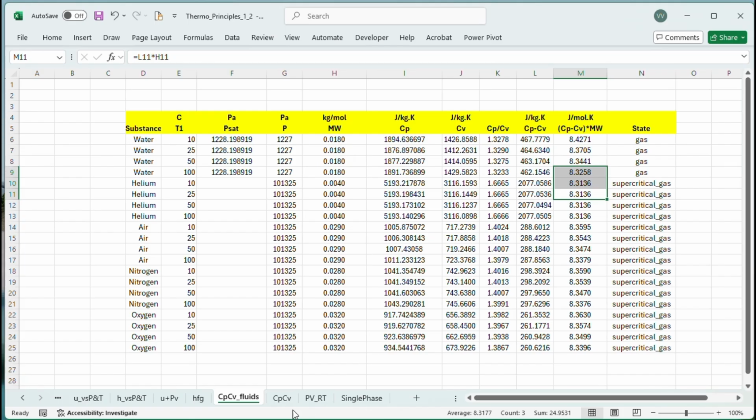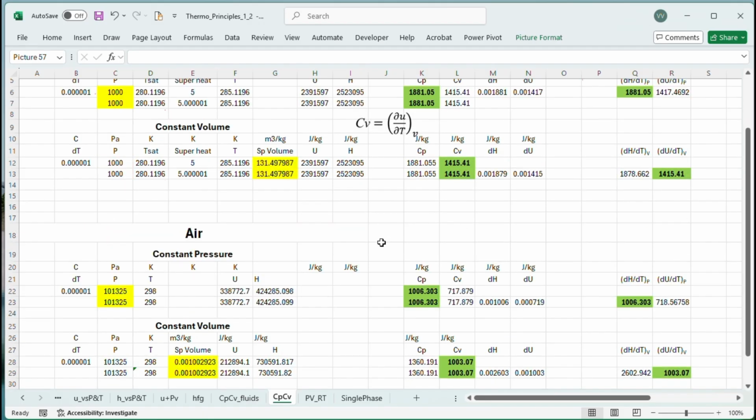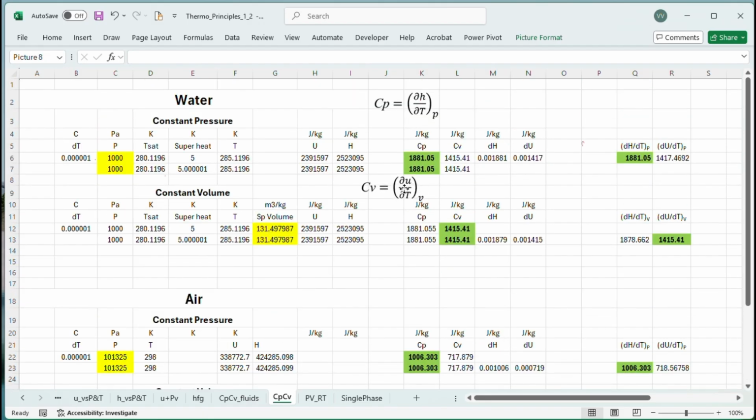Okay. All right. Now let's verify the formula CP is ∂H/∂T, or change in enthalpy, and also verify the CV formula for air and for water.